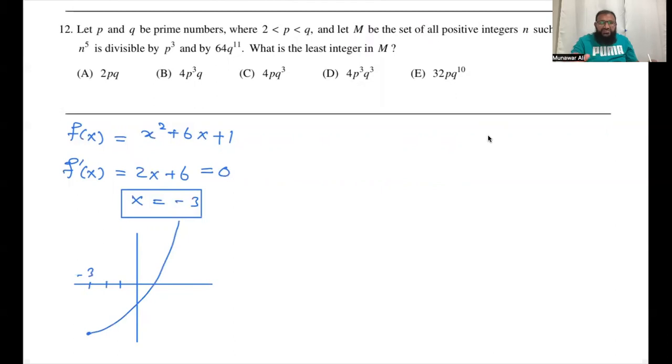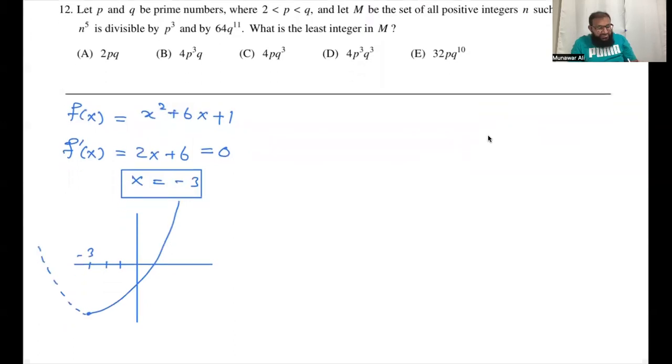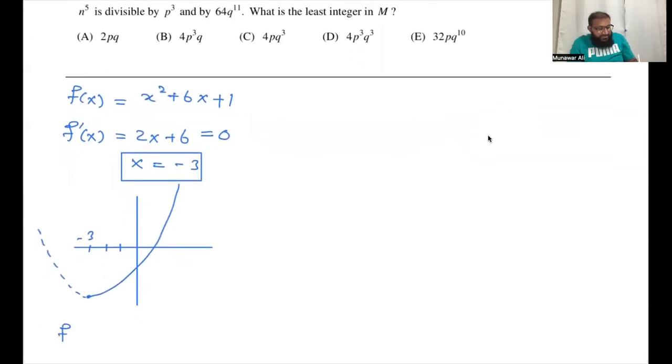So my function is like this, and there is some sort of left part of the function, but it is not what is given to us. The domain of the function is from -3 towards infinity, and the range of the function is -8 to infinity. So at -3, the value of the function should be -8.